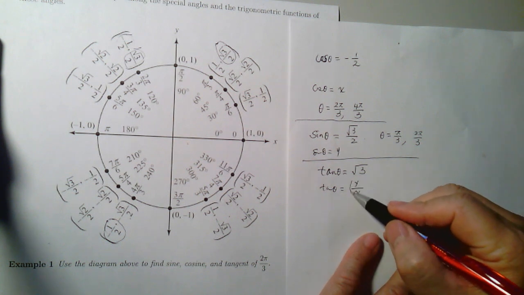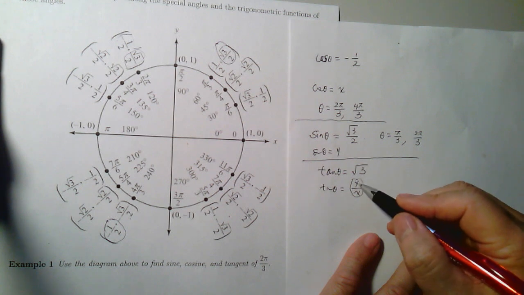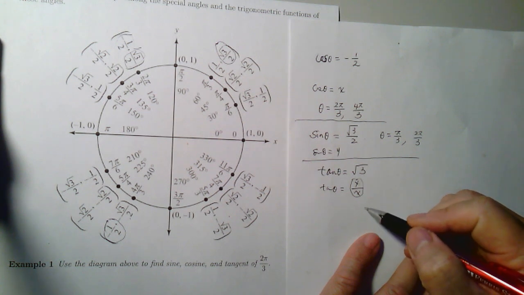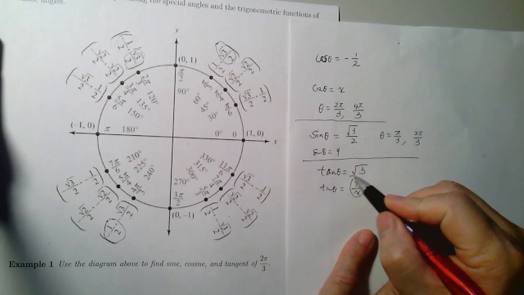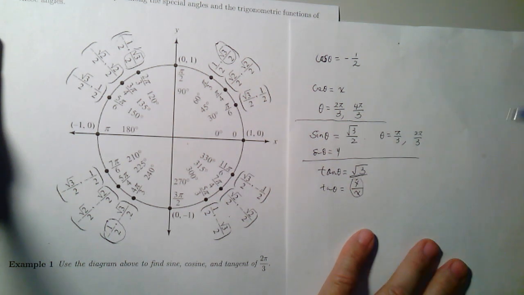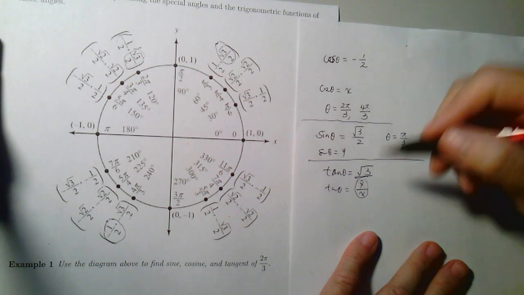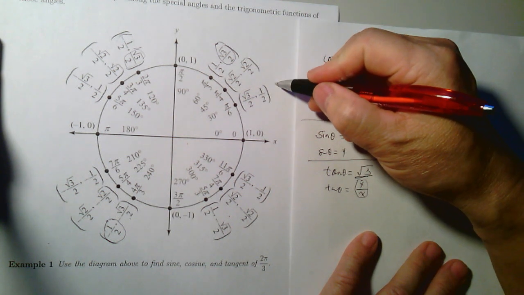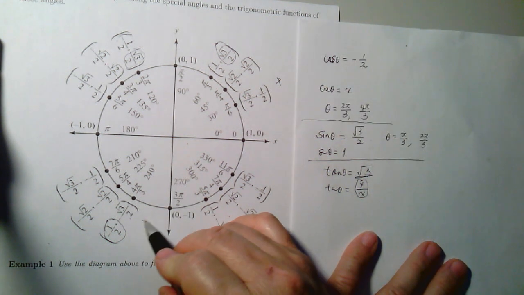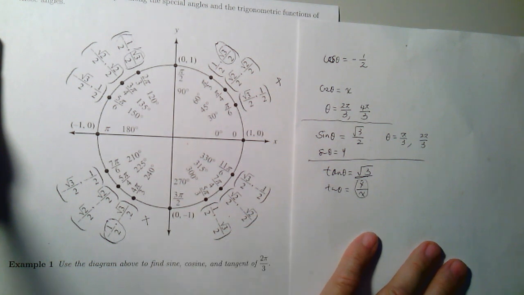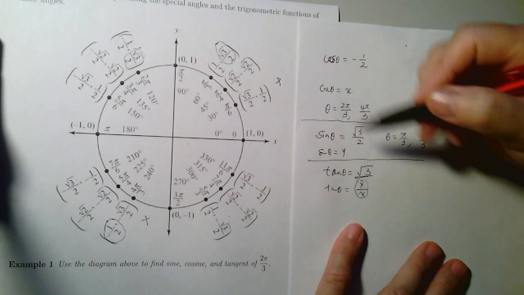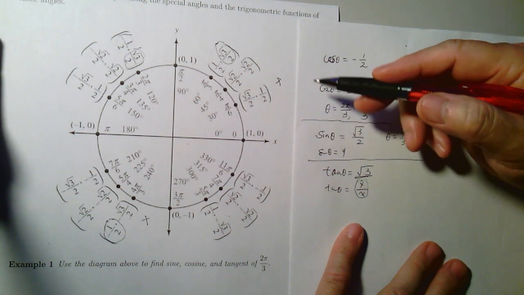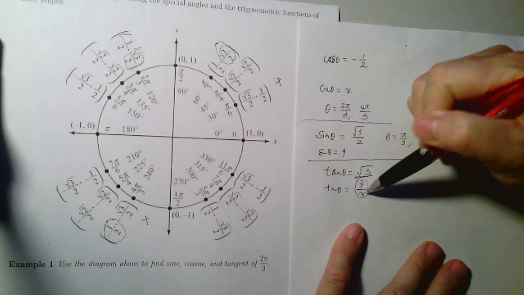You just want to know that the ratio between y and x is equal to square root 3. Okay, because this is positive, tangent is positive either in the first quadrant or the third quadrant.